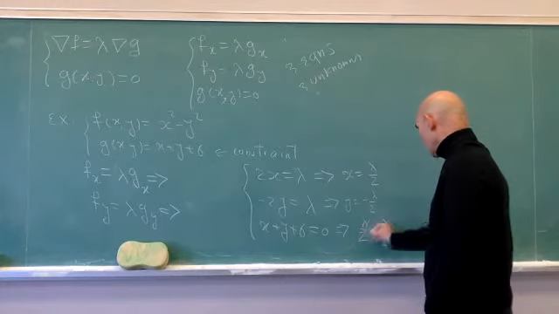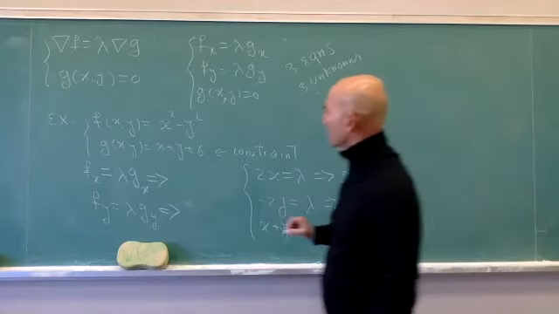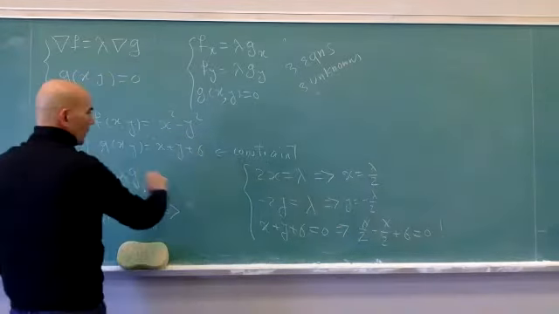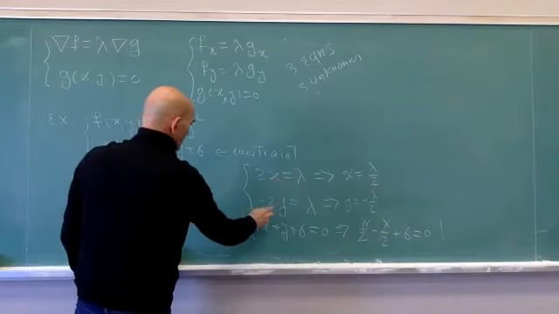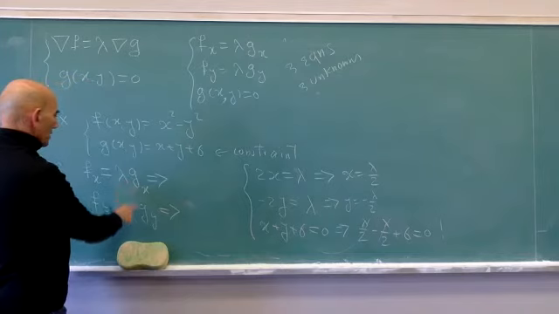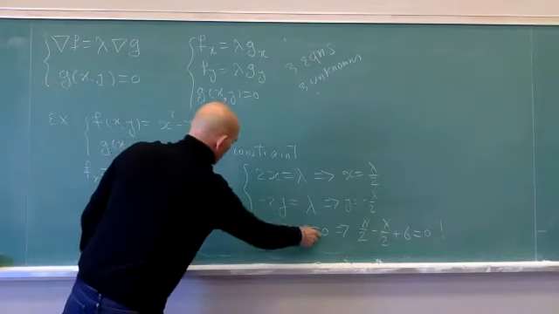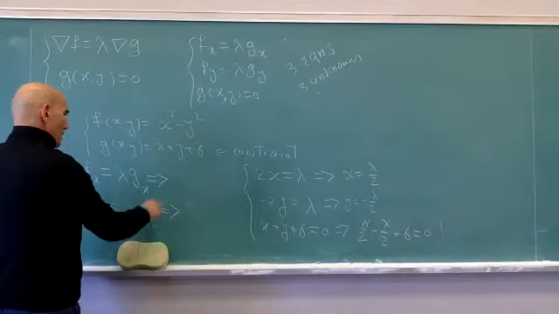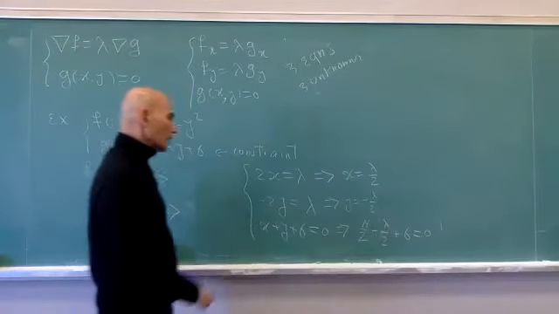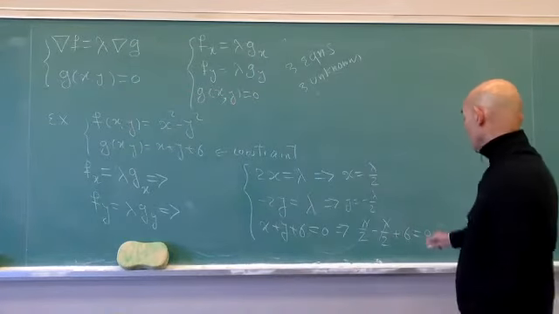All this cancels, and 6 cannot be 0. Did I look at it right? Yes: 2x equal to lambda, negative 2y equal to lambda, and x plus y plus 6 is equal to 0. So I got that. There is no lambda, so no solutions.